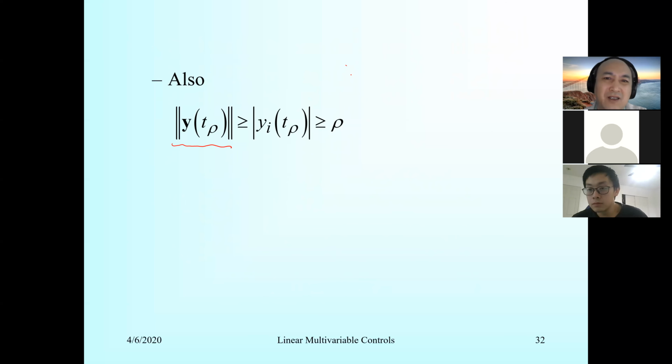Remember, y squared will be the sum of y_i squared. So that is the two norm. So you can see that, given any specific component, the vector norm is greater than the single component, and it's greater than rho.